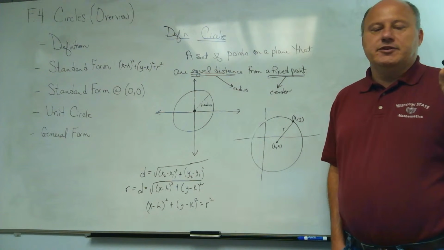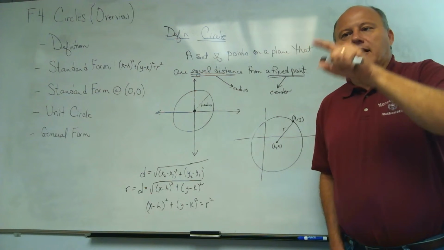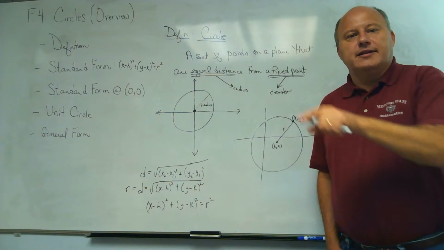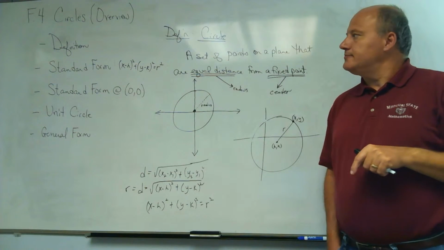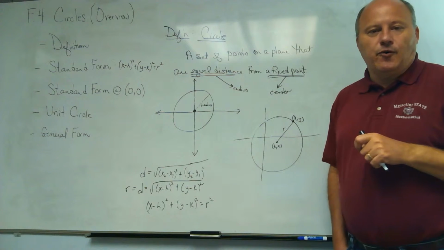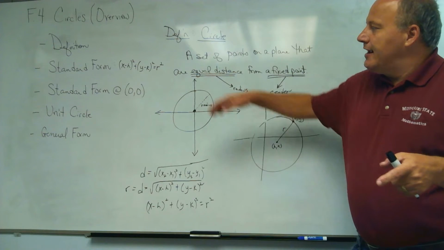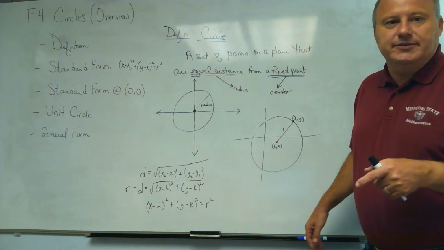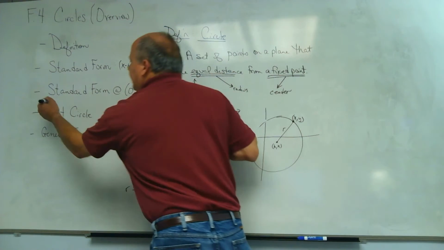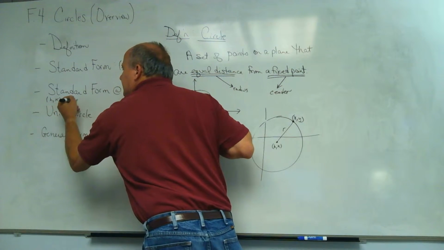So if they give you the center and they give you the radius, then you can find a lot of points around that are the same distance from that fixed point, that center. Now, the standard form at the origin is just a special case. If you're at the origin, then (h, k) equals (0, 0).